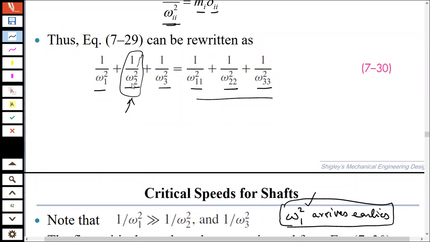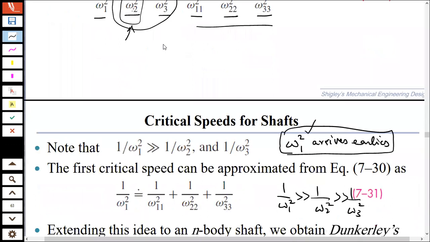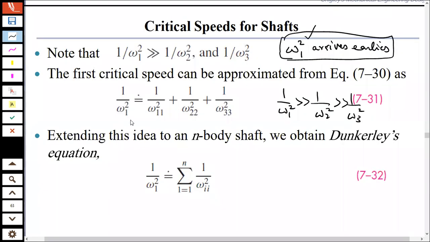So the square of a bigger term and the reciprocal of that is very very small. Therefore we can ignore these two terms. ठीक है जी. So if we ignore these two terms, 1 over omega 1 square is almost equal to 1 over omega 11 square plus 1 over omega 22 square plus 1 over omega 33 square.